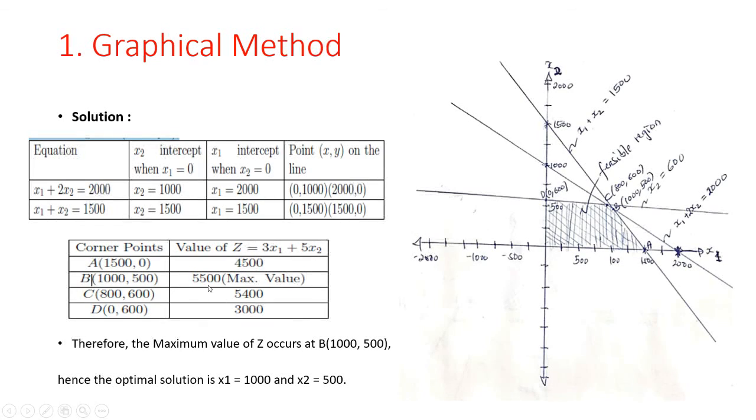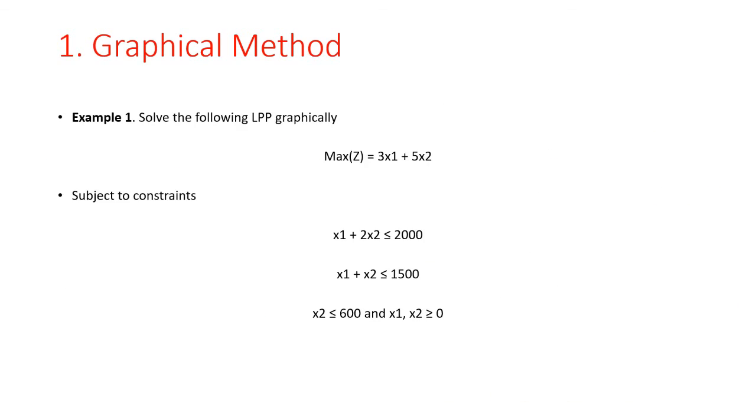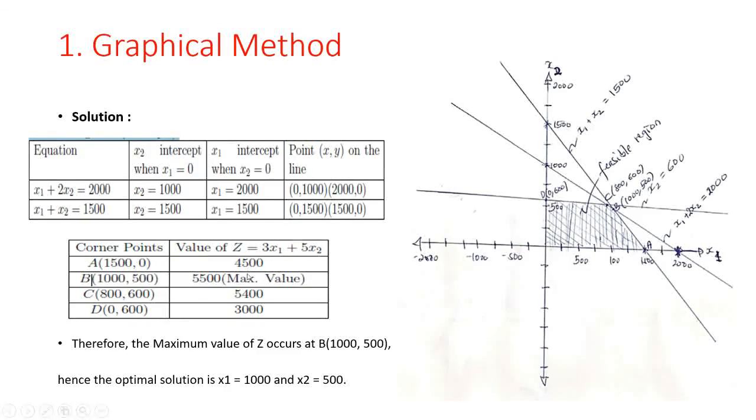For B, 5500. For C, 5400. And for D, 3000. Our objective function is a maximization form. So what is the max value among all these corner points? 5500. So at corner point B, we get the maximum value.